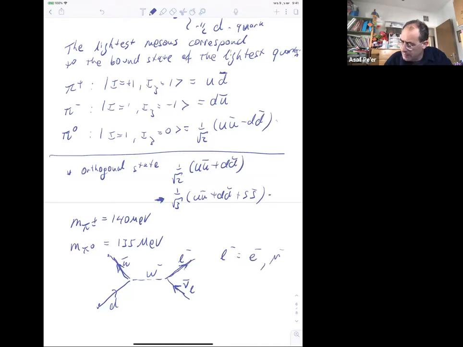The pion is lighter than the tau, so this is of course the pion. Right, so this is a decay channel of the pion into electron and anti-electron neutrino or muon and anti-muon neutrino.